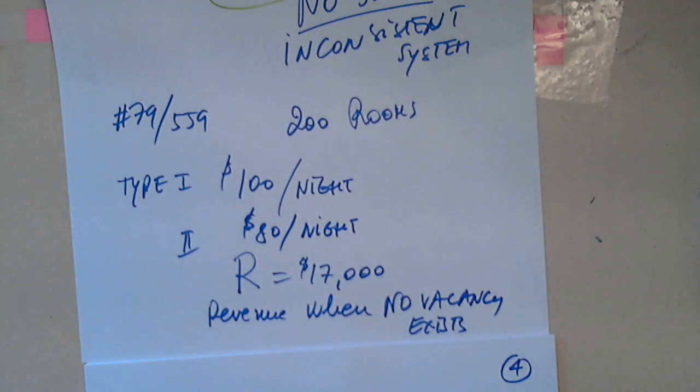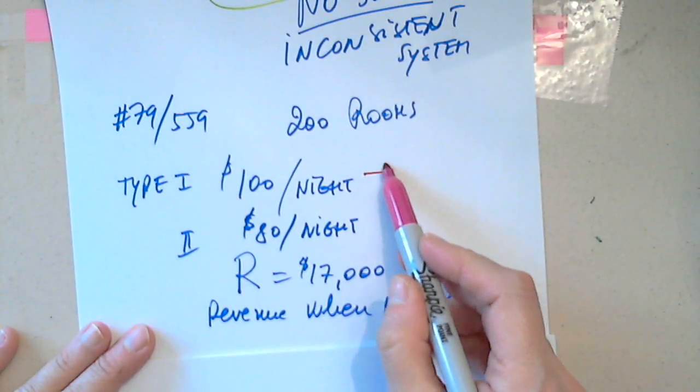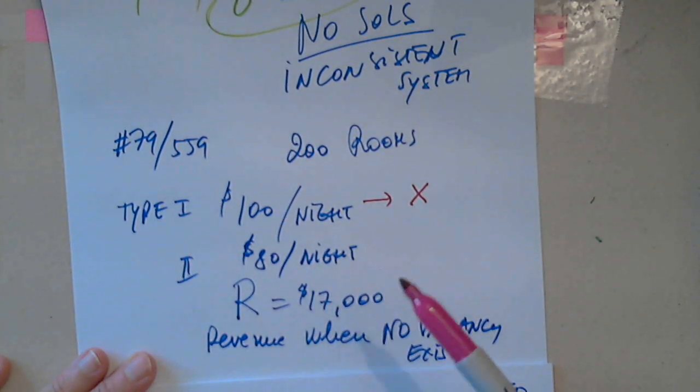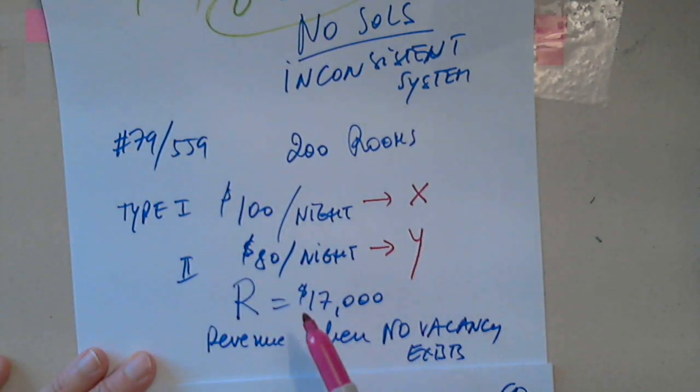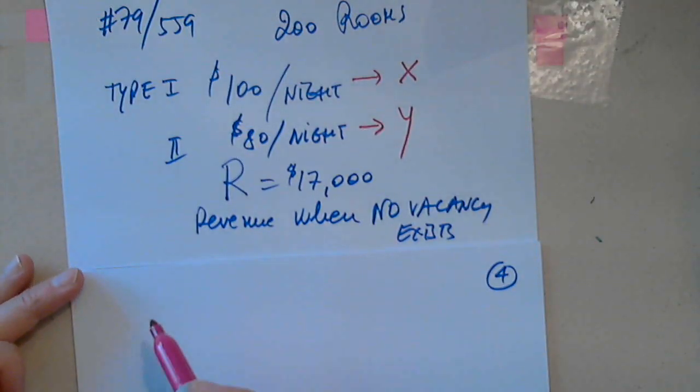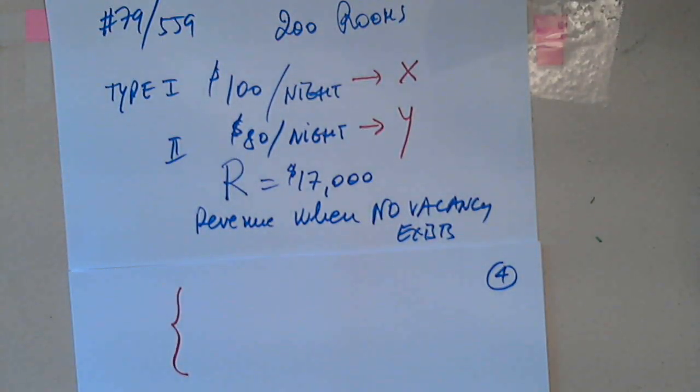We have two unknowns, right? The number of rooms that rent for $100 a night, and the number of rooms that rent for $80 a night. One with kitchen, the other one without. So we have two unknowns or two variables. How many equations do we have to write if we have two unknowns?